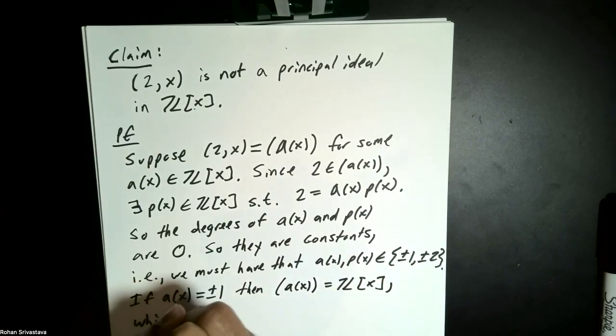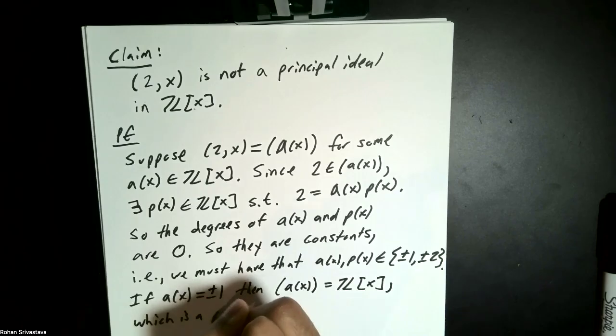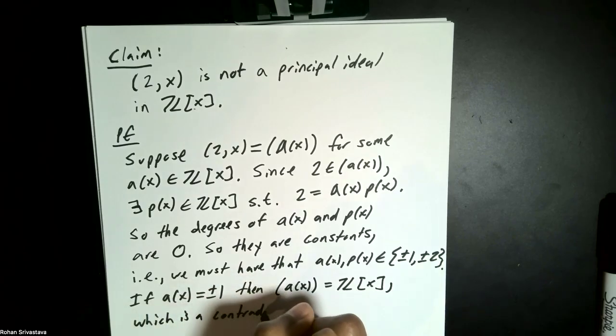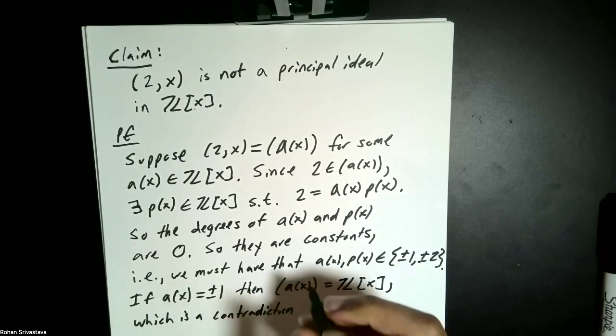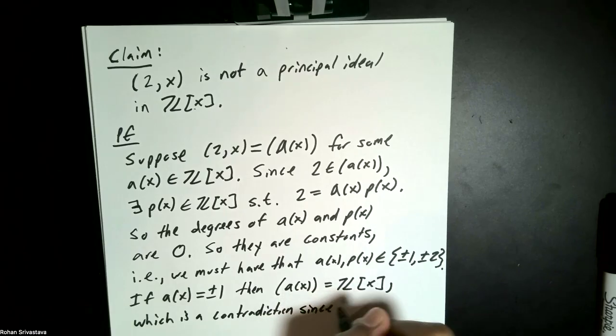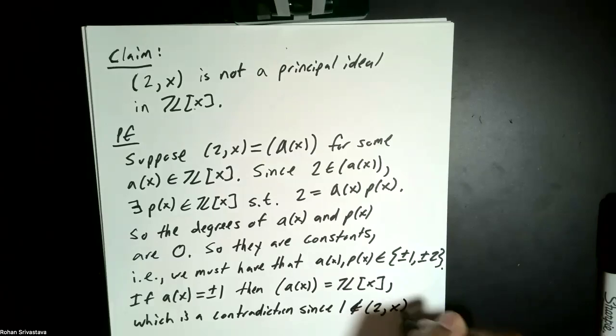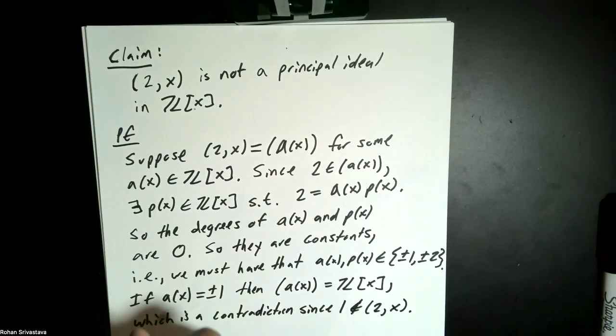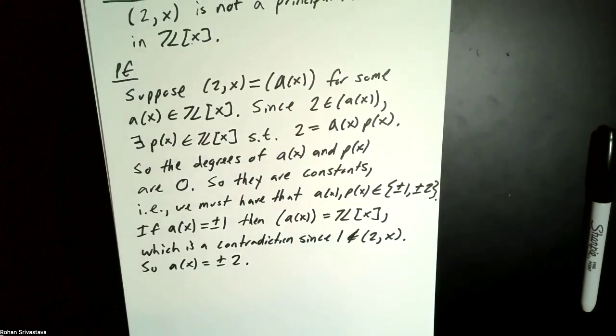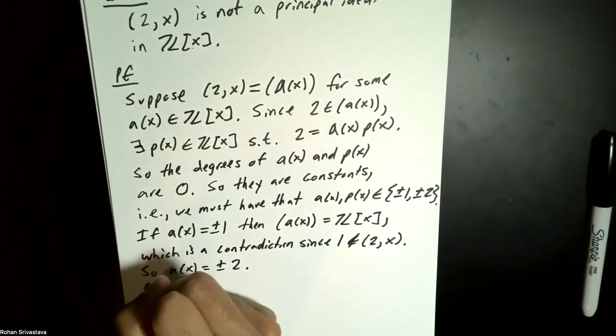But that's a contradiction because one, in particular, is not in the ideal generated by two and X. So that means that A of X would have to be plus or minus 2, in the second case.